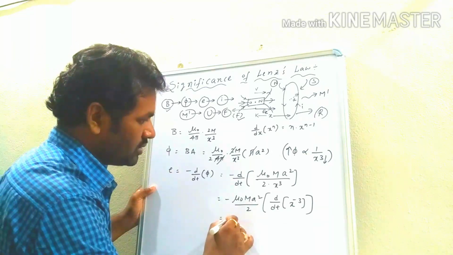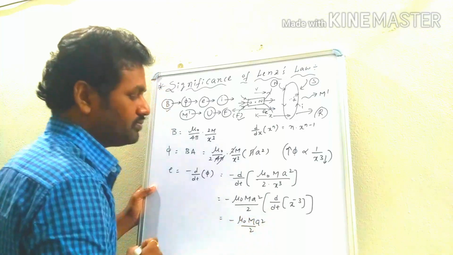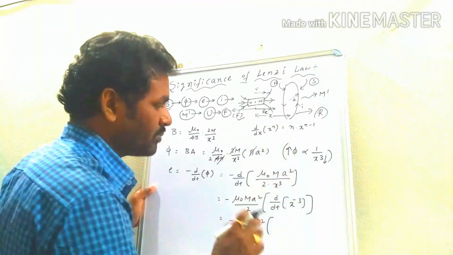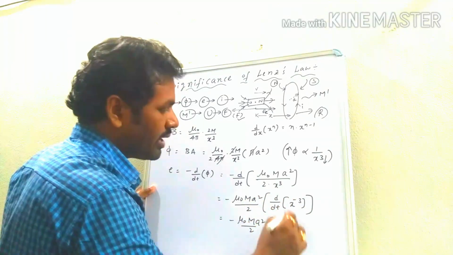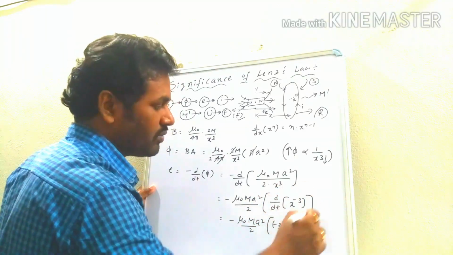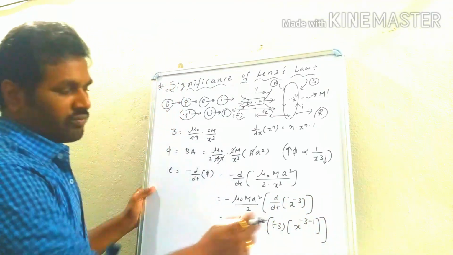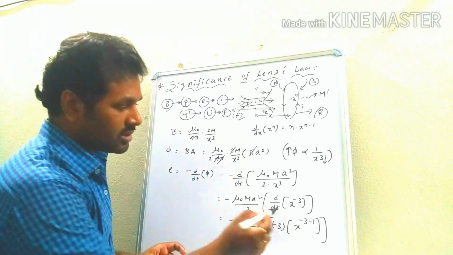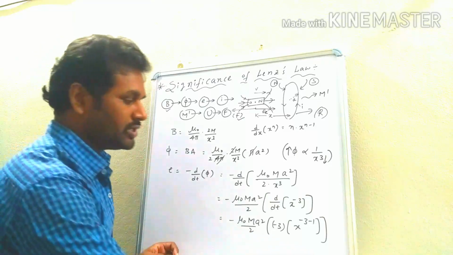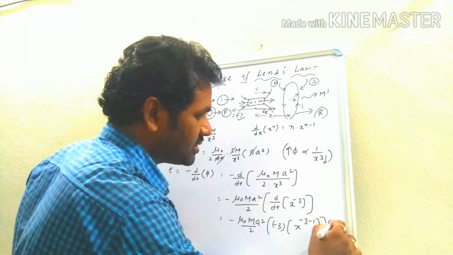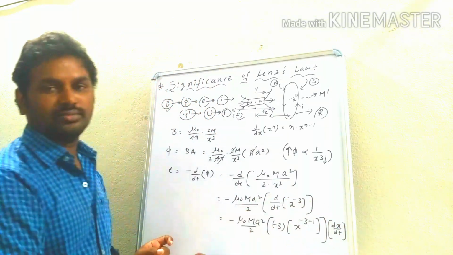So let us see. Minus mu naught m A square by 2. Use this formula simply. Here n comes as minus 3. So minus 3 into x power n minus 1, which is x power minus 3 minus 1. Is it over? No, because this is in terms of x, and here it is in terms of time. So you need to extend one more term, which is dx by dt also. Don't forget this term.